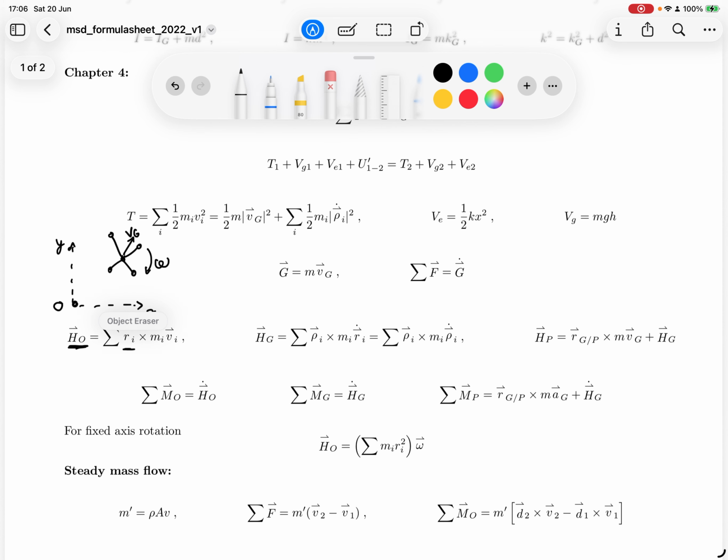So Ri, remember i meaning that we're dealing with each and every particle, so Ri is just going to be the position vector from the origin or from a fixed point to a particular particle. So we can call that R1, and then this would be R2, and so on and so forth.